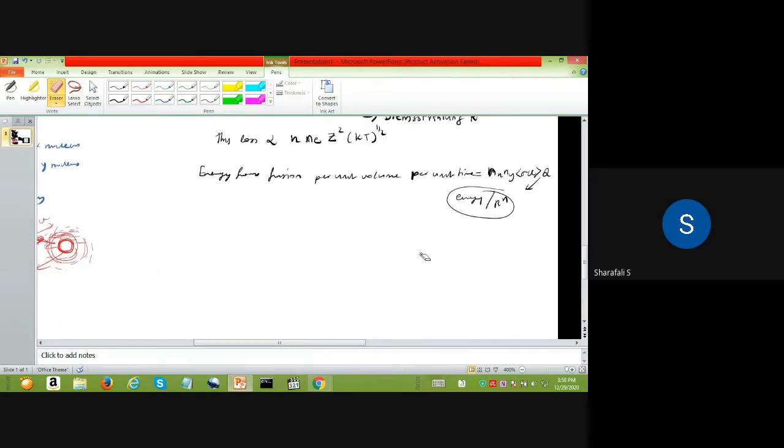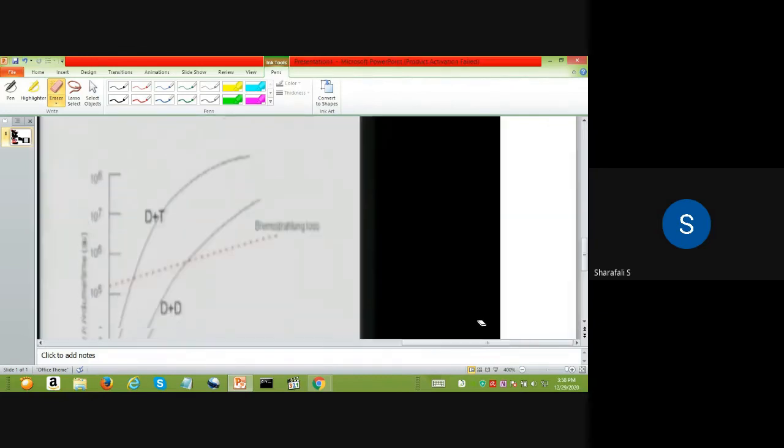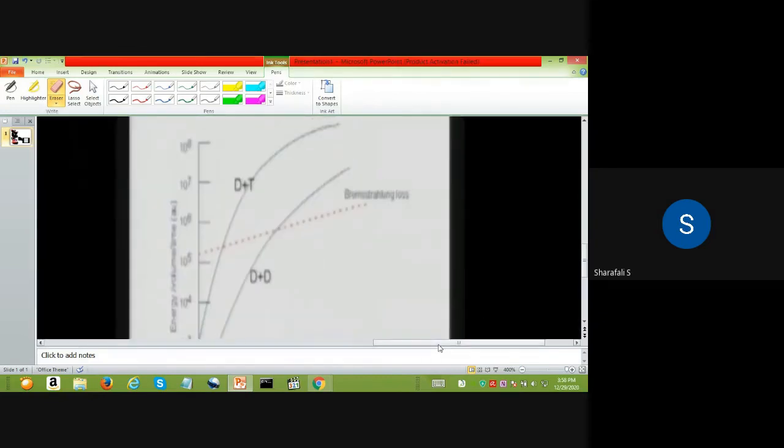Okay. Now, if you consider Bremsstrahlung radiation, you can see that figure here.